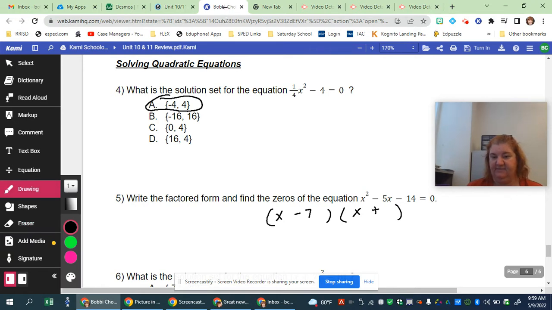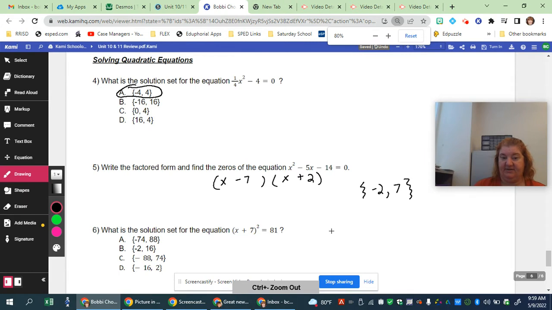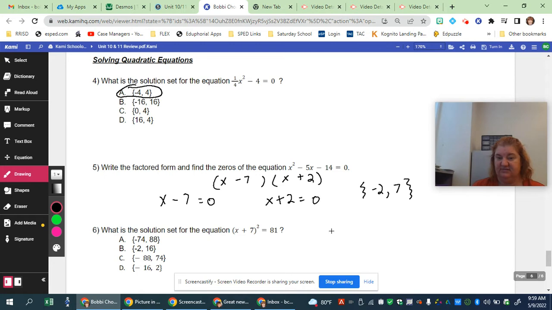Then you end up with negative 2 and 7 as my zeros. And how I did that was x minus 7 equals 0, x plus 2 equals 0, and then x equals 7, x equals negative 2.